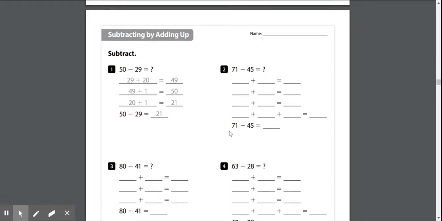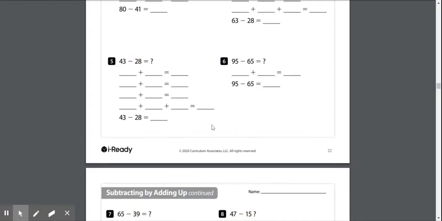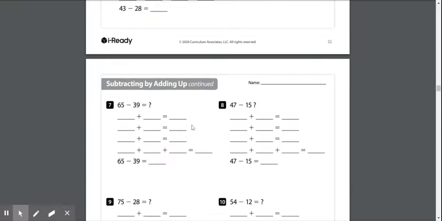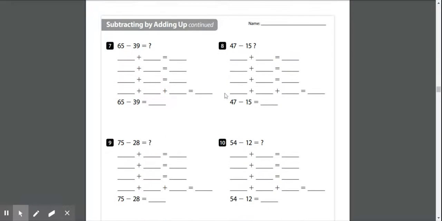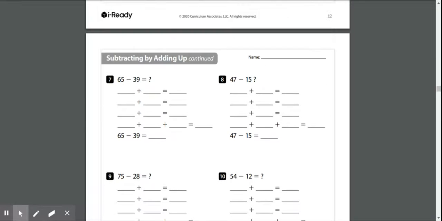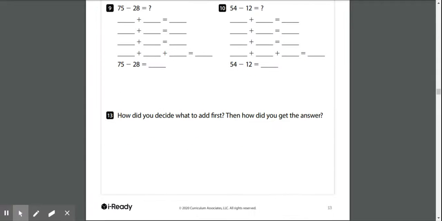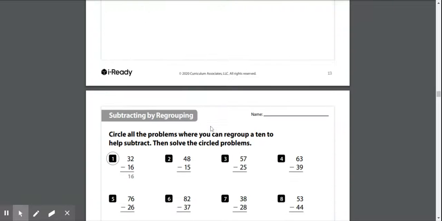As long as you have the correct answer here in some form of number knowledge in these blanks, I think you'll be fine. So that's page 12. And then now we're looking at the next page, page 13, that is the same as page 12. Use the same strategies there.